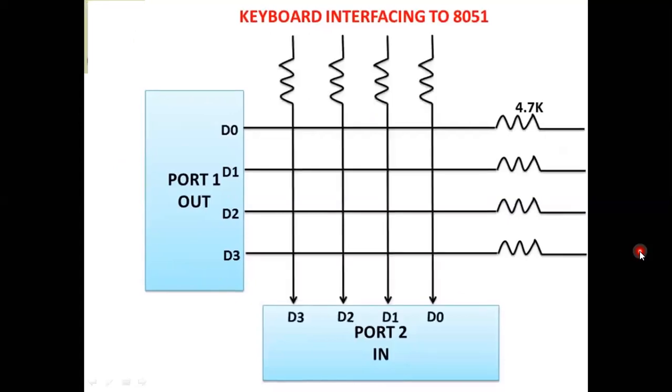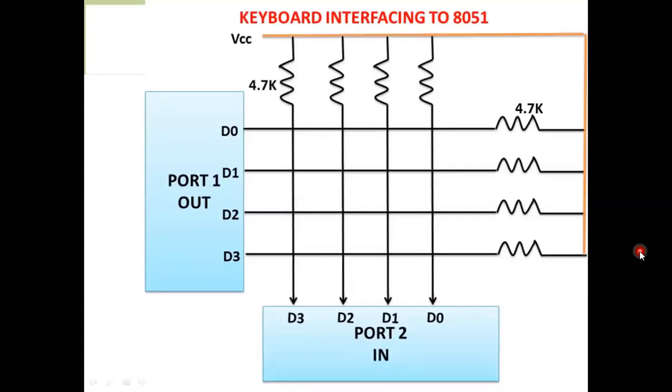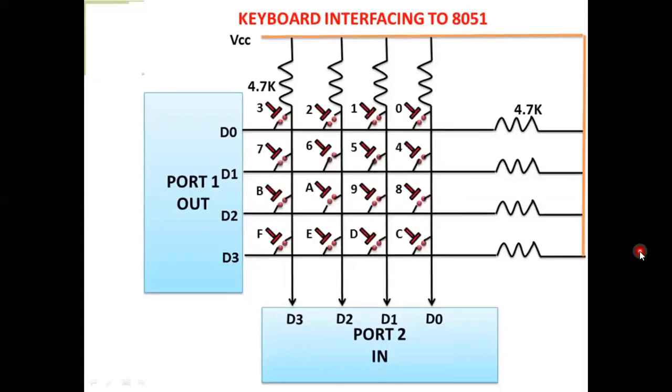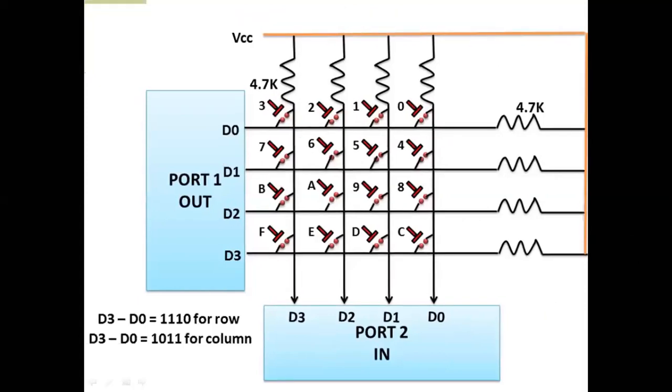Port 2 is acting as the input port, with D0, D1, D2, D3 connected through to the supply voltage VCC. So this is a 4 cross 4 matrix keypad, and the switches are connected to it. These are the keypad switches.